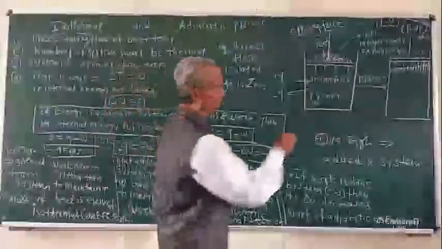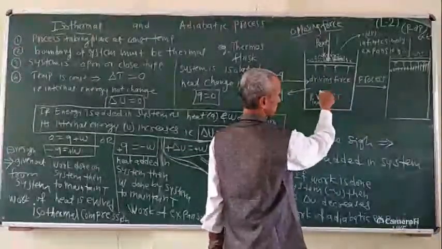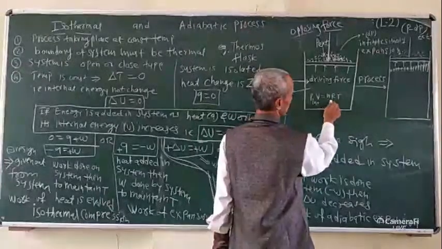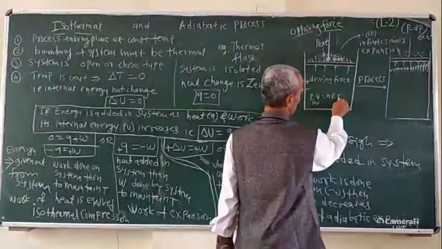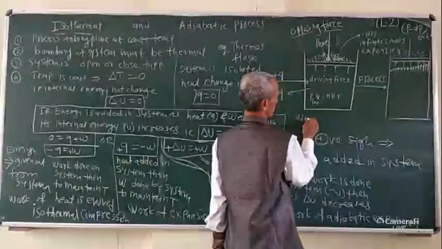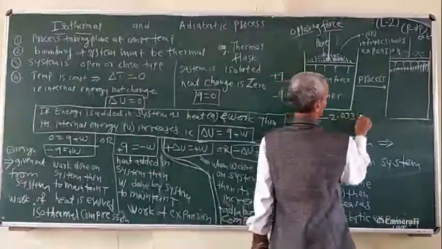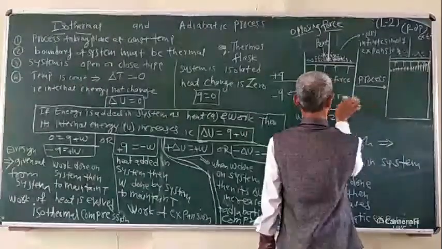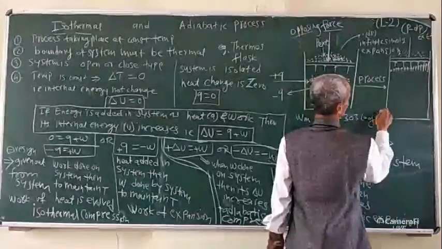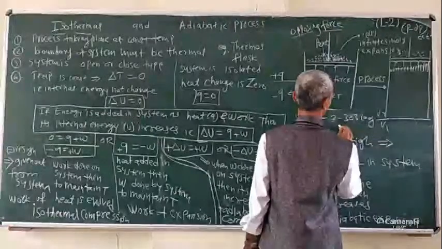If we consider an ideal gas, then PV is equal to nRT. So in the isothermal process, the maximum work obtained can be given in terms of nRT.